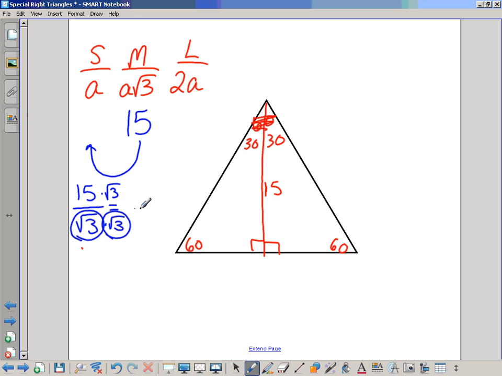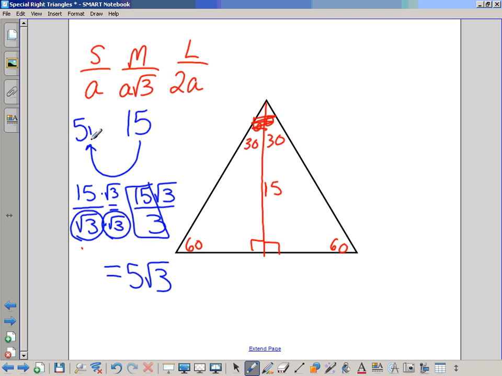Because root 3 times root 3 is 3. 15 times root 3 is what I just said. We can take it one more step, because 15 divided by 3 is 5. So it ends up being 5 root 3.